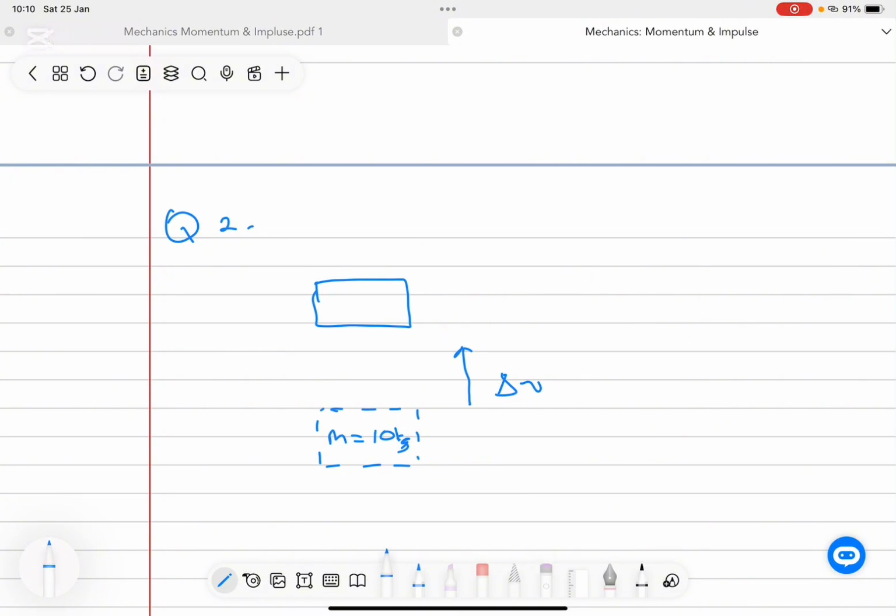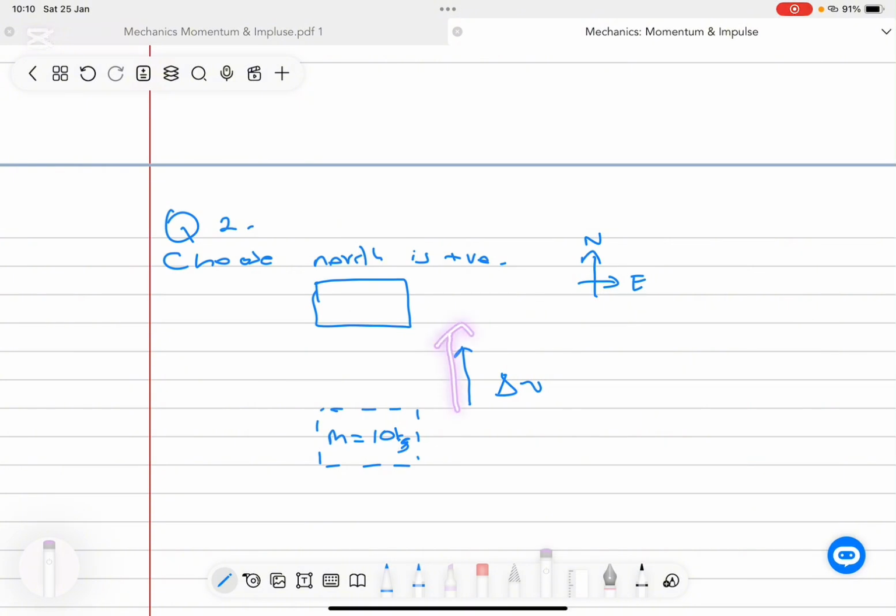And we're saying here that it goes towards north. In other words, if I were to draw my cardinal points, like this would be north and this would be east. Now I'm going to choose my direction such that north is positive.